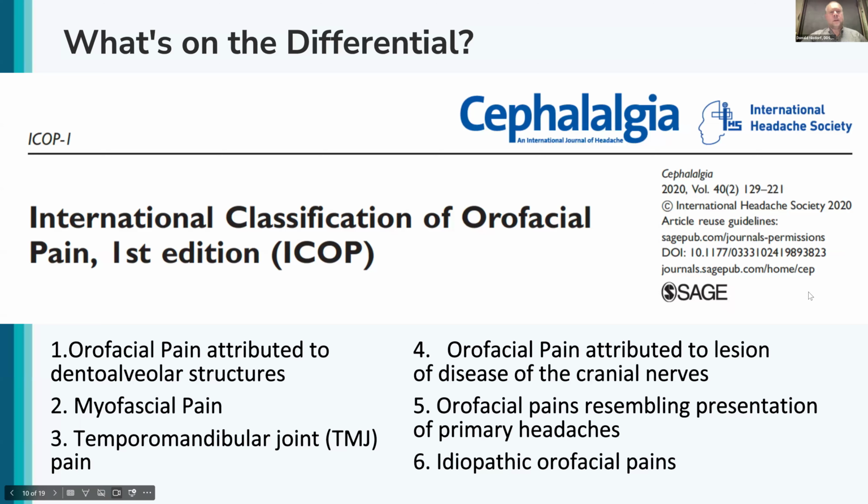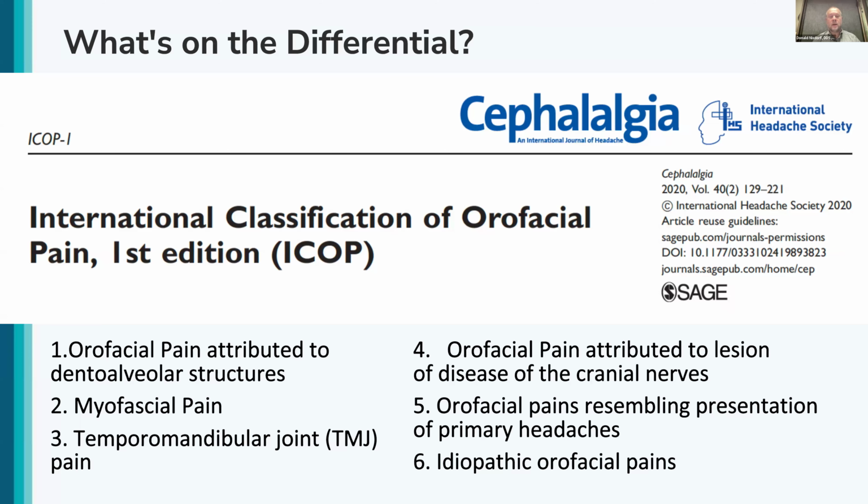And so this is an outline of the diagnostic classification for orofacial pain. The first edition came out in 2020. This is an international effort to get people from different disciplines represented in the process of outlining the diagnostic criteria of the different diseases that present in the face.